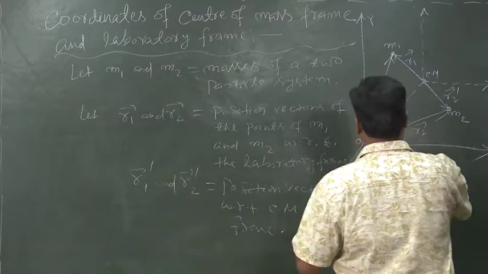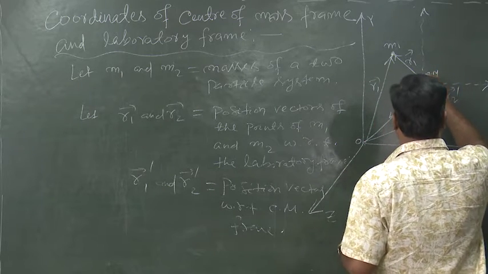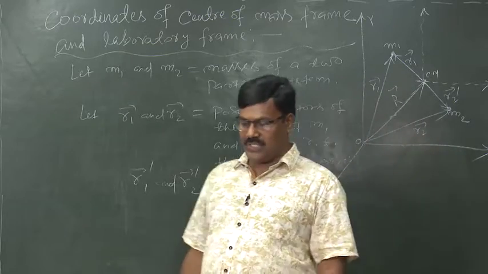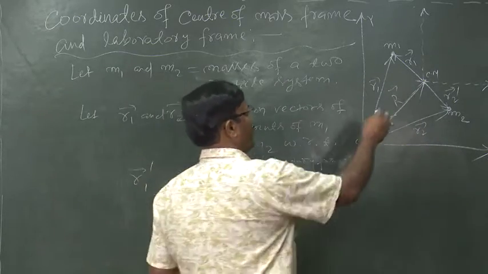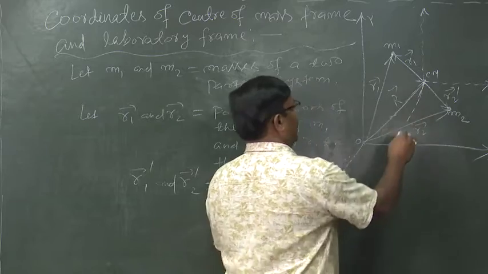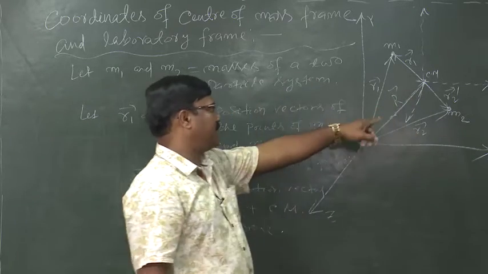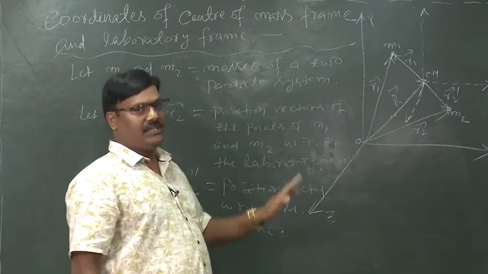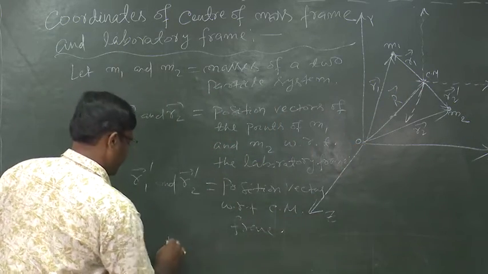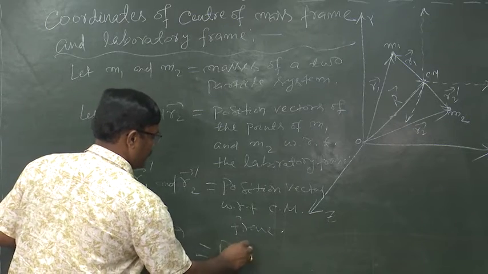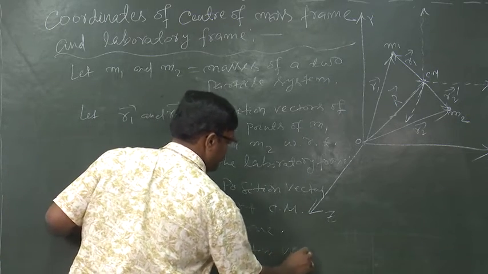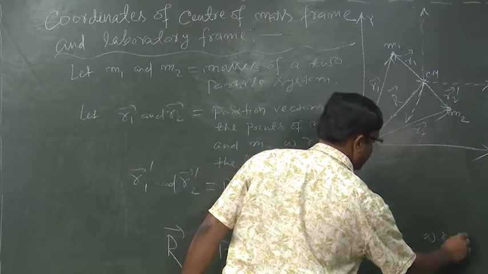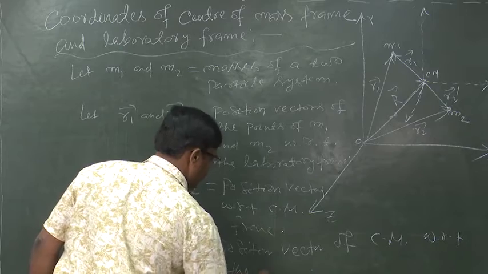And this one, the capital R vector, is the position vector of the center of mass with respect to the laboratory frame.